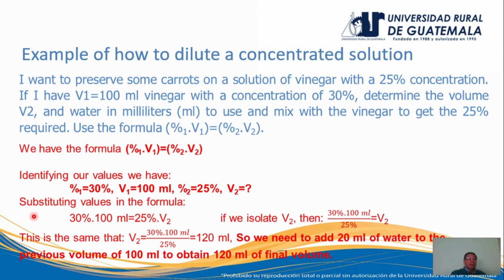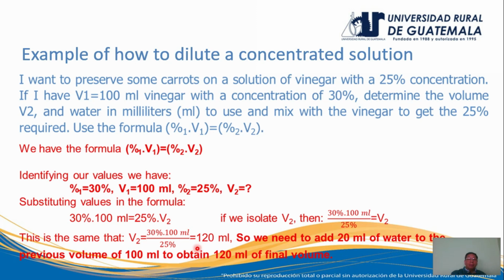Substituting values in the formula, 30% multiplied by 100 milliliters will be equal to 25% multiplied by V2. If we isolate V2, we get this formula: V2 will be equal to 30% multiplied by 100 milliliters and divided by 25%.